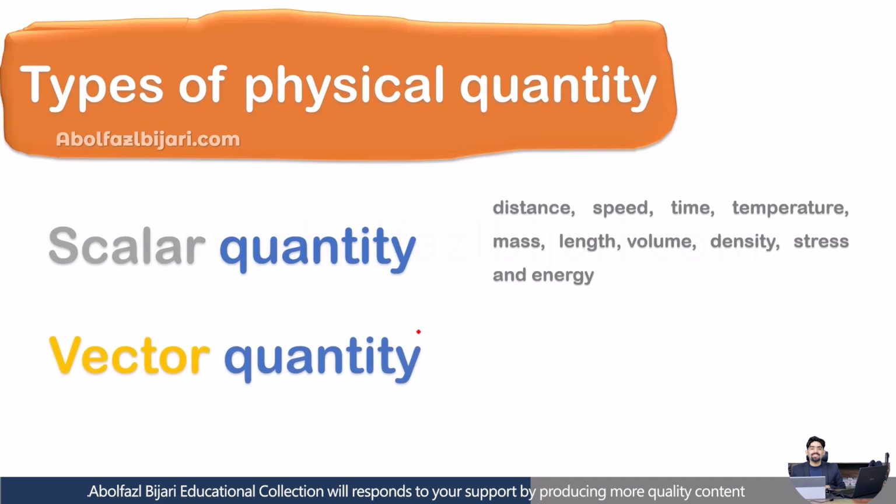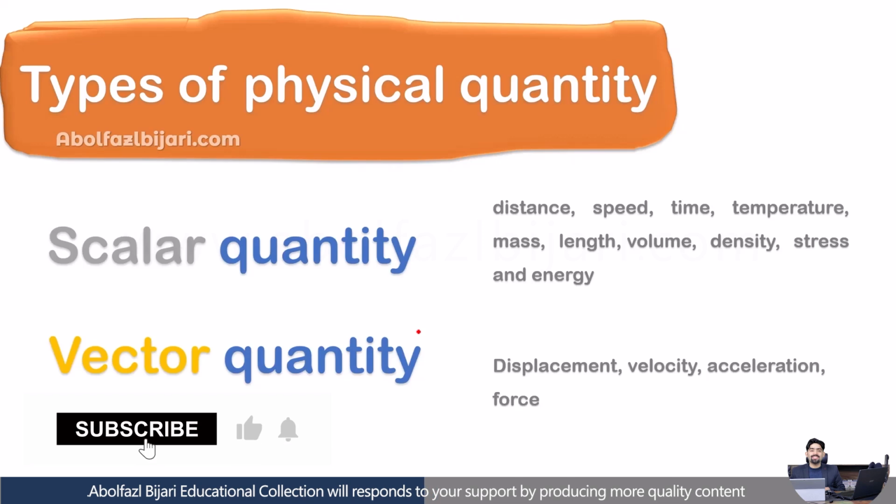The next one is the vector quantities. In addition to magnitude, the direction is also important for us. Displacement, velocity, acceleration, and force are all vector quantities. For example, a force of 20 Newton is applied to the object.